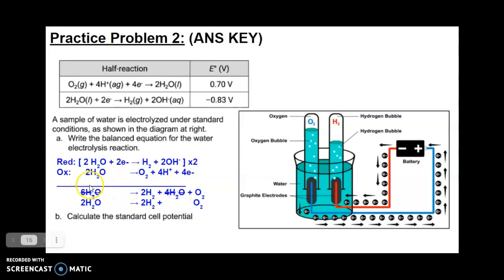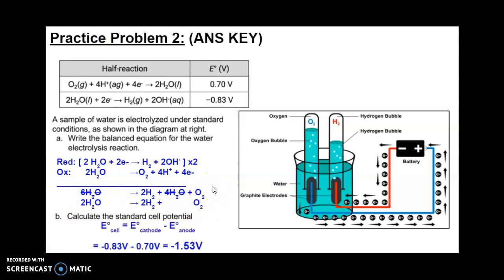But if we have H2O on the left and on the right, then we need to simplify. So 6 H2O and 4 H2O is going to reduce to just give us 2 H2O on the reactant side. And this is going to be our net ionic equation here.